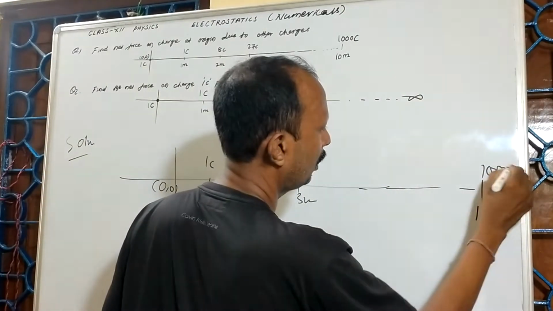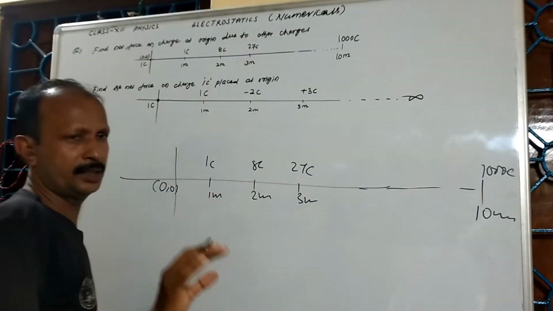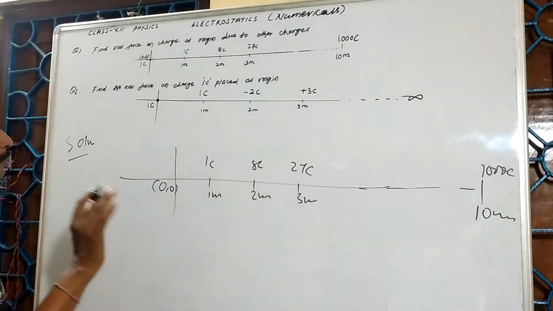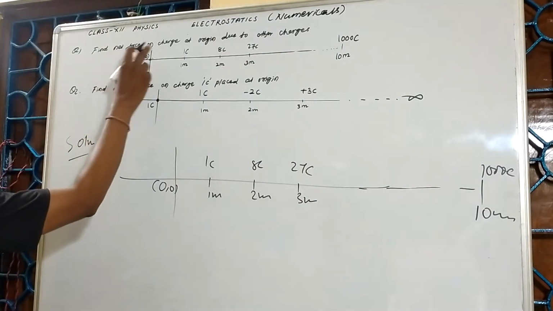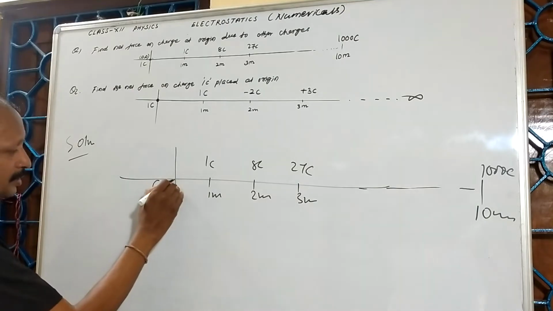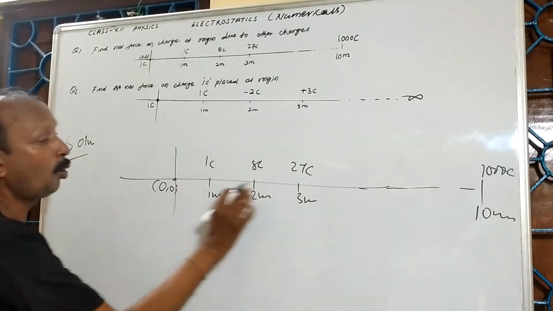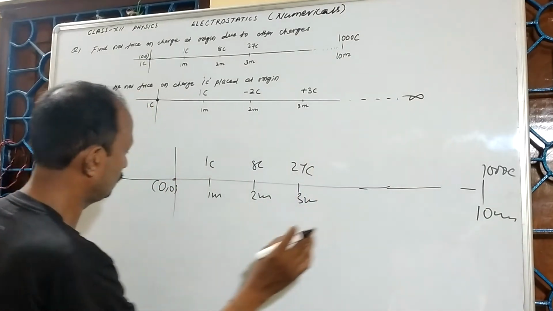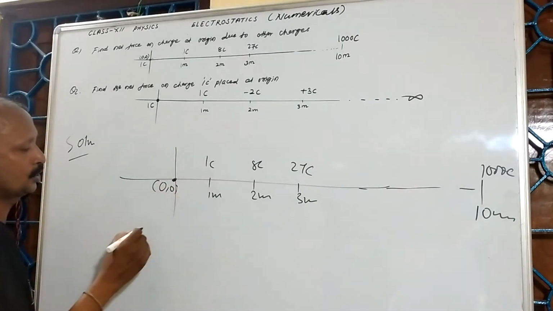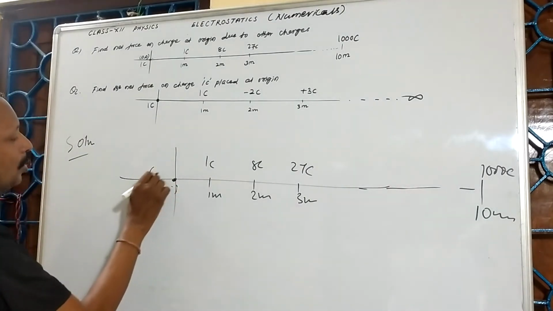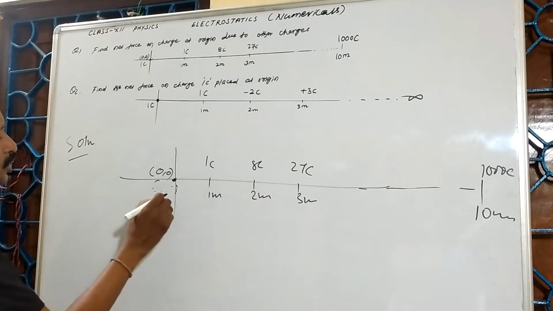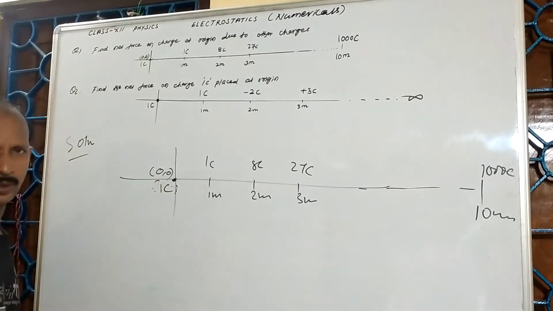This is 1000 coulomb, like this it is given. So we have to calculate the net force on the charge. That means how much force is acting due to all these charges on this charge. Here this is the origin. Here the charge is taken as 1 coulomb.